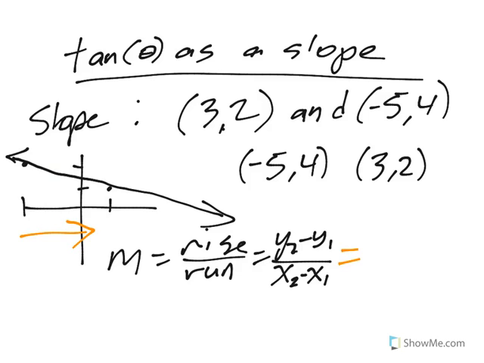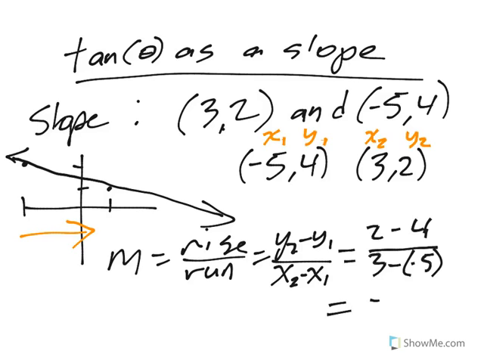Now, when I do this calculation, given that I've marked this as my first point and this as my second point, I've got y2 minus y1 over x2 minus x1.